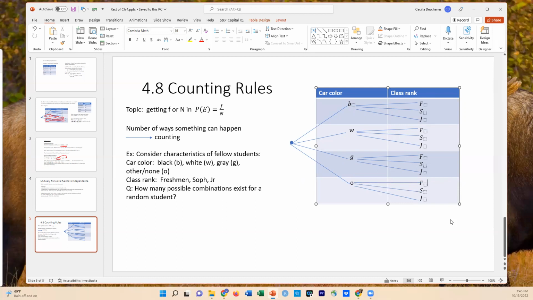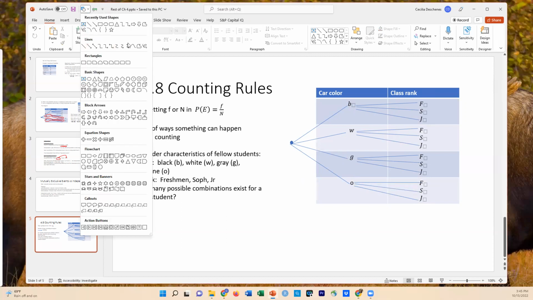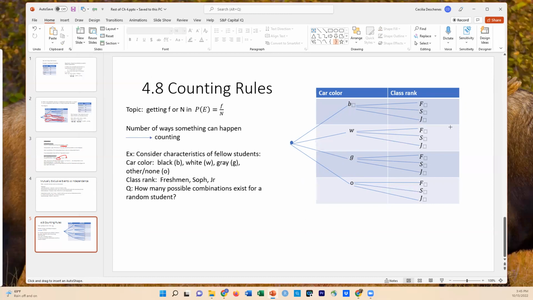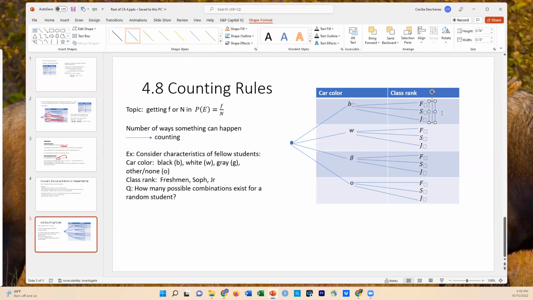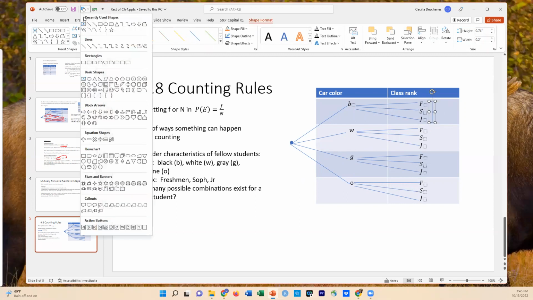Now that we've diagrammed out all the possible paths, it might be good to realize, if we're trying to count how many of these combinations there are, that in this little group over here, there were 3.